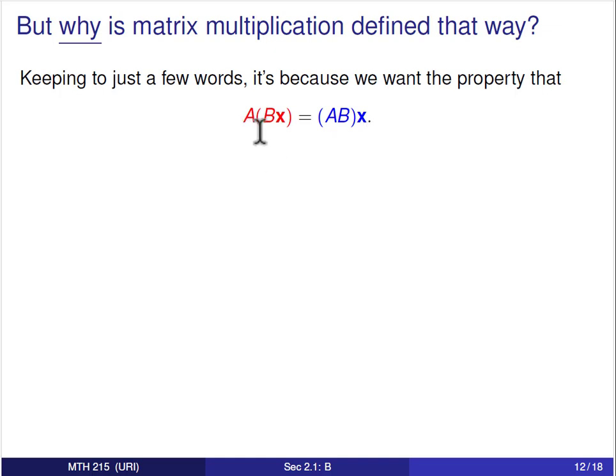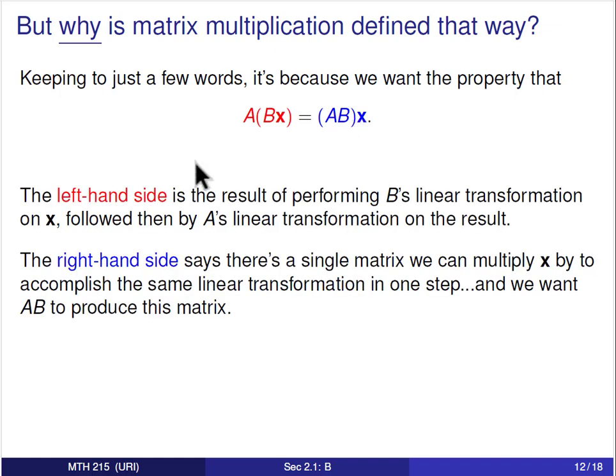Now, this looks like an associative property of sorts. We've kind of grouped the multiplication on the right and then the multiplication on the left. These have different meanings. Okay, the left-hand side is a situation in which you are multiplying B by the vector x.